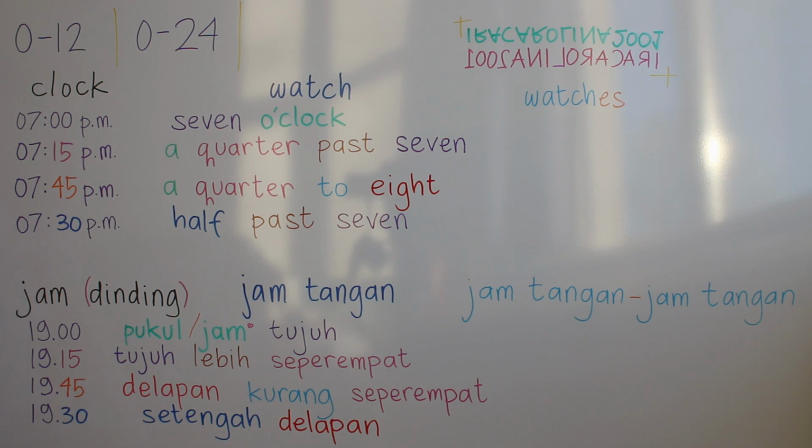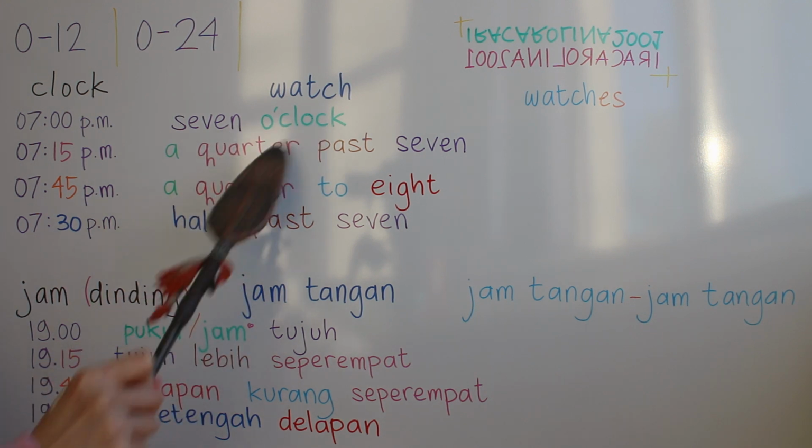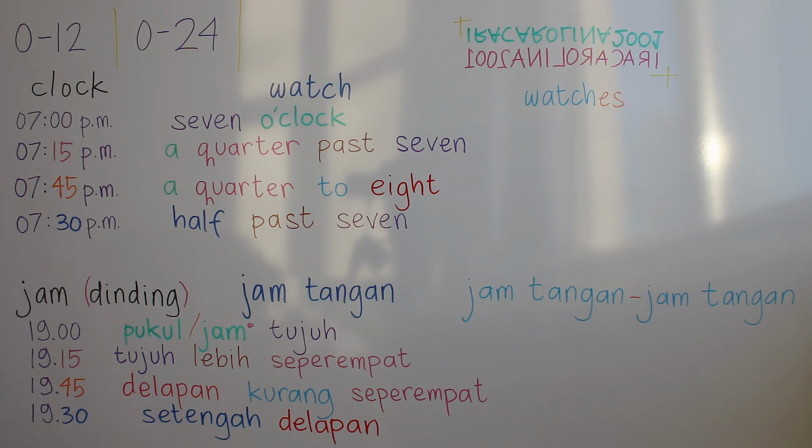7 o'clock in Indonesian is pukul or jam 7. In English, we say or write 7 first, but in Indonesia, we say pukul or jam, which is o'clock, first. Why do I put this sign here?